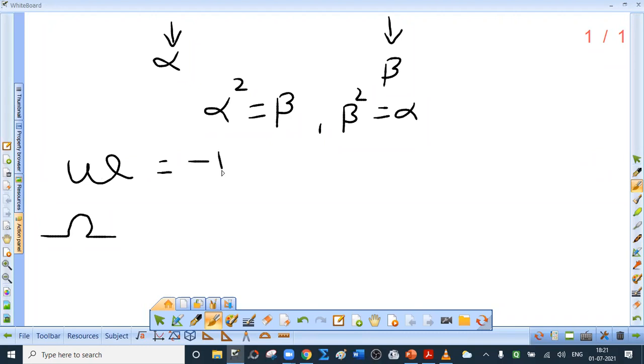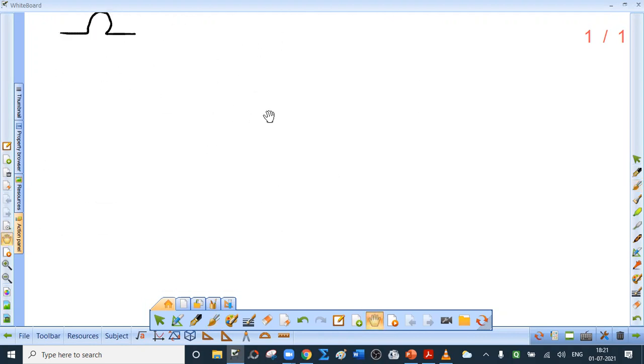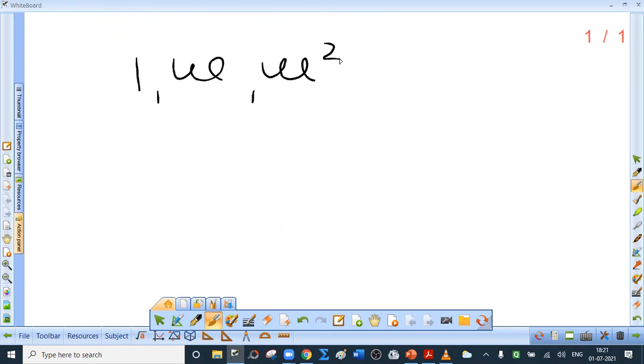So you may say it is minus 1 plus root 3i upon 2, or you may take it as minus 1 minus root 3i upon 2. Is that clear? And therefore, I will say that cube roots of unity are 1, omega, omega square.